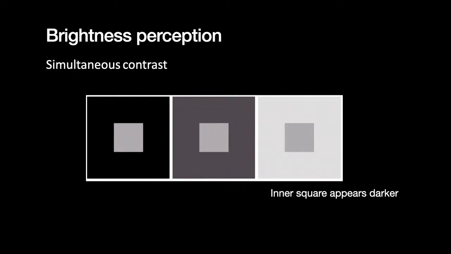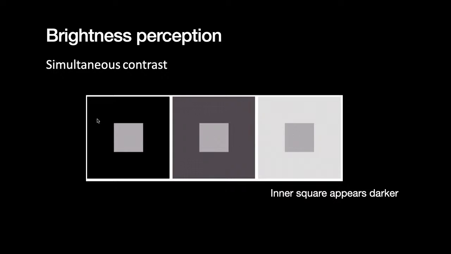This is another example of brightness perception. It is called simultaneous contrast. You will find that this appears to be brighter than this. However, all the three inner squares are the same. They have the same brightness. Howsoever bright this is, this is just as bright, and so is this.